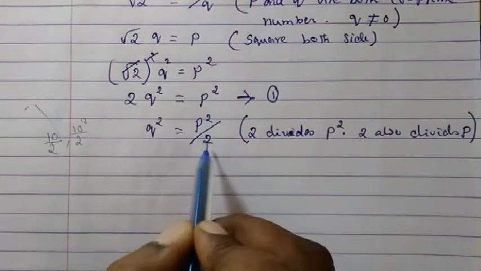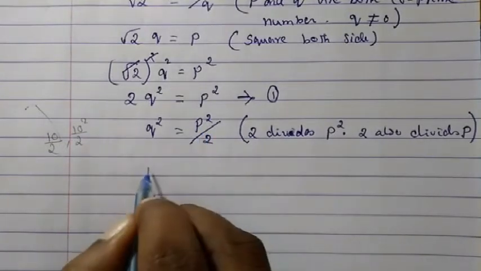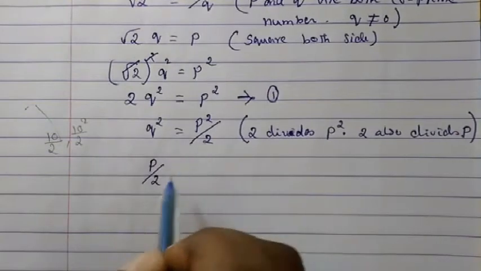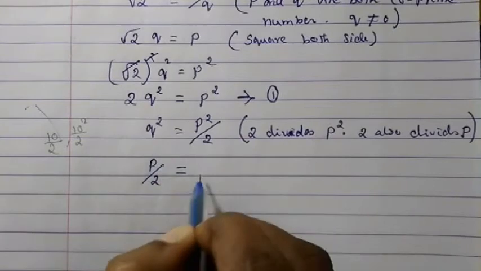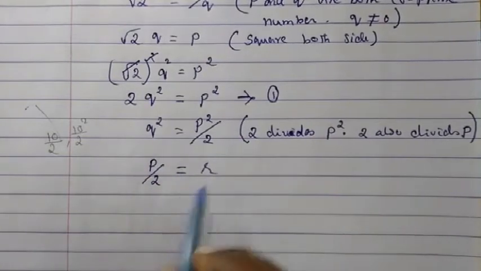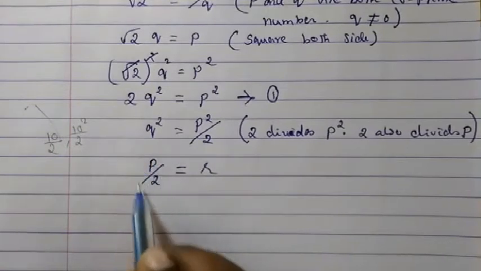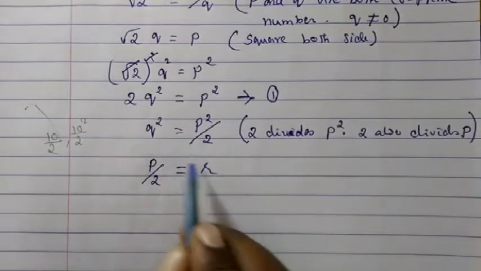If 2 is dividing p squared, 2 also can divide p. So if 2 divides p, then there will be some answer to this. Can we say this? If there is some integer here and 2 is dividing this, then we'll get some answer, right?